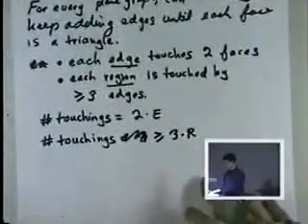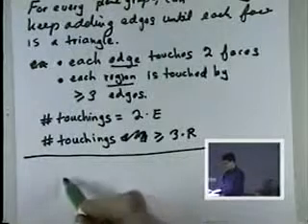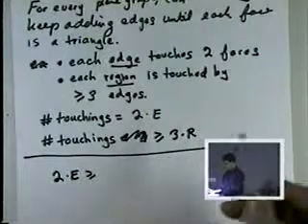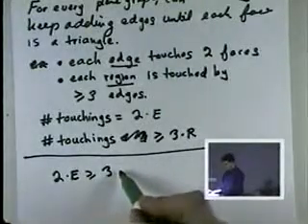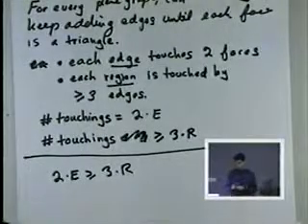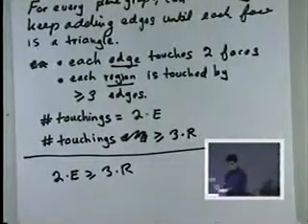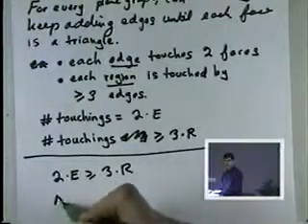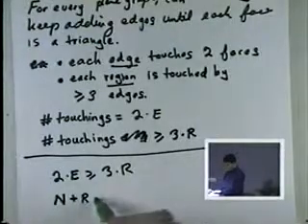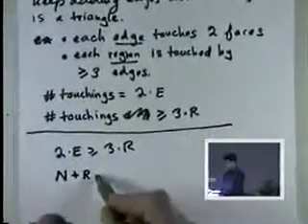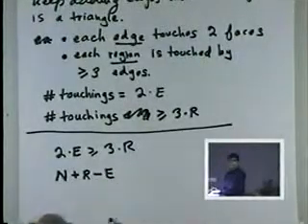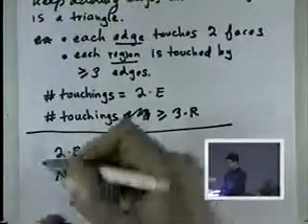So now we can set these two equal, and we get that 2 times the number of edges is greater than or equal to 3 times the number of regions. And we also know that the number of nodes plus the number of regions minus the number of edges equals 2.